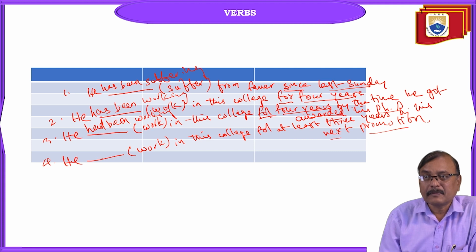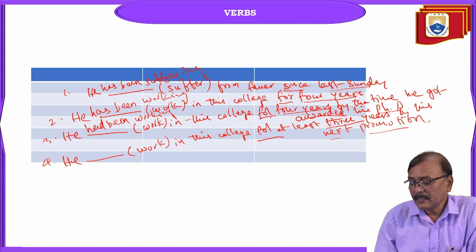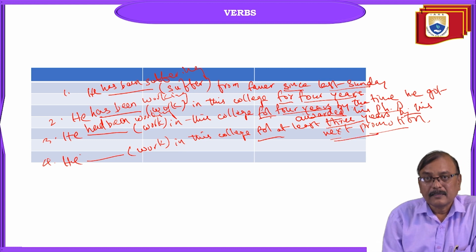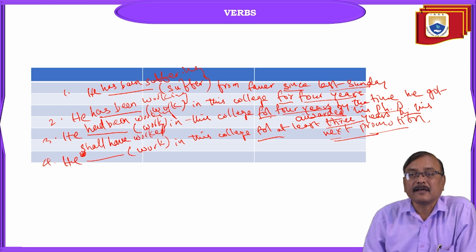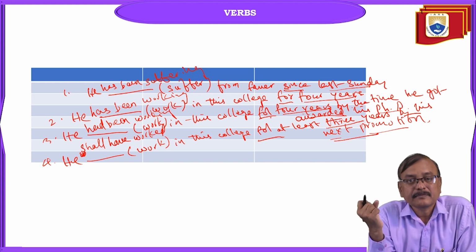So here it is by plus for plus time by future. So here he will have worked or he shall have worked. He shall have worked in this college for at least 3 years by next promotion.